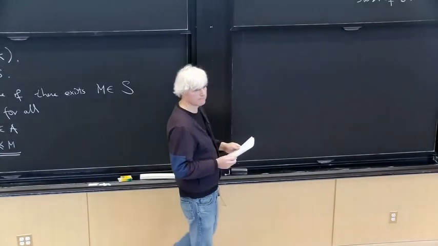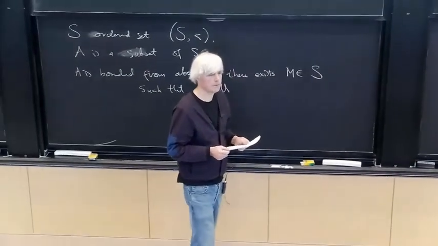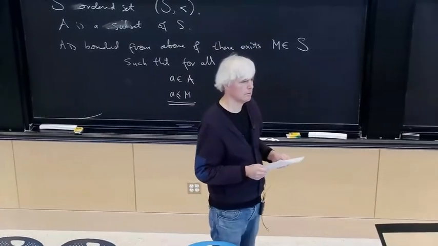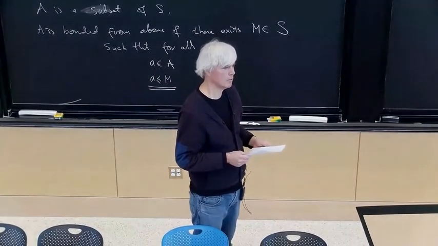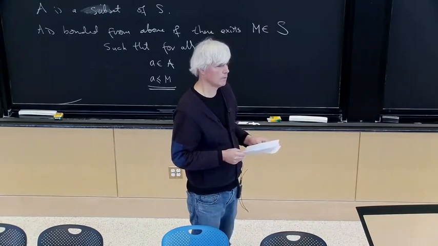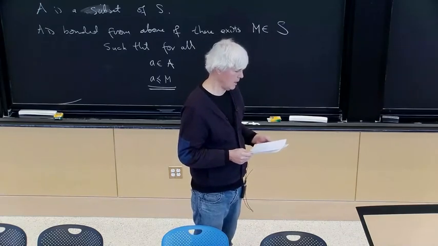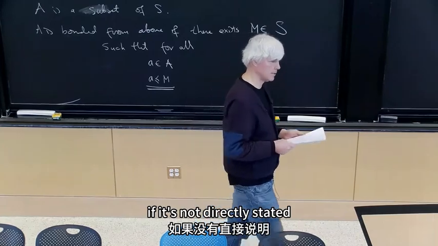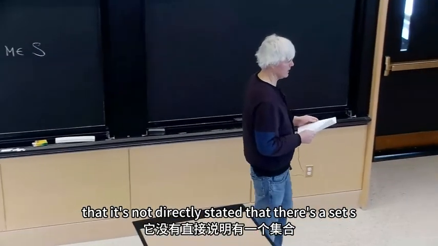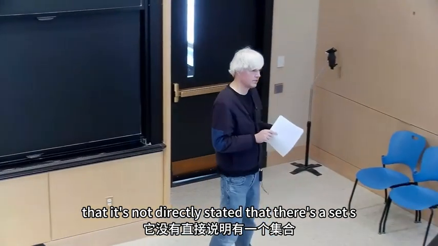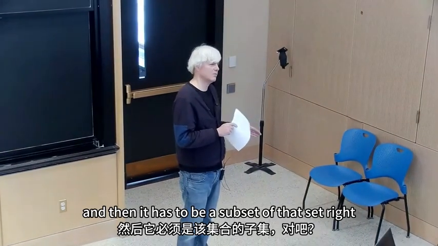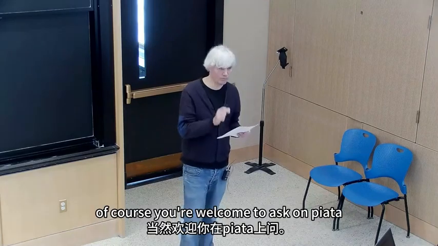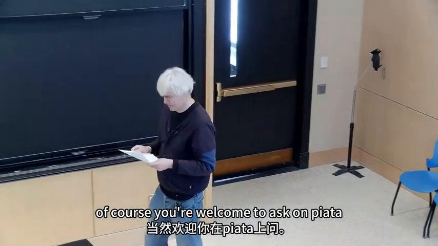Yep. So on the homework, for question 3, if it's not directly stated that there's a set S and that it has to be a subset of that set, then it would be assumed that it's R. Of course, you were welcome to ask on Piazza.